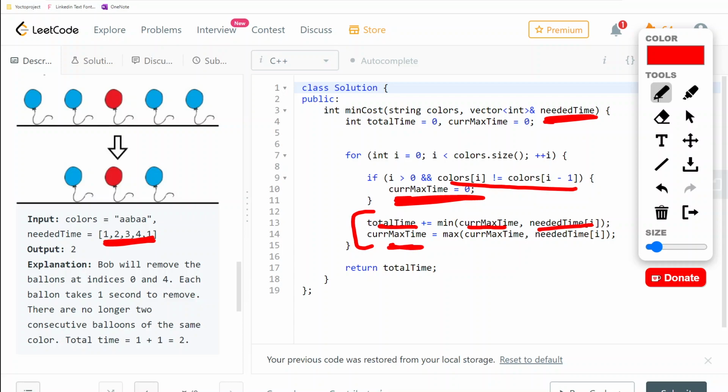And because of the current maximum time, we are able to figure out the minimum which we can get, right? And whenever they are distinct, we are resetting it to 0. So these three things are making us get our total time answer.